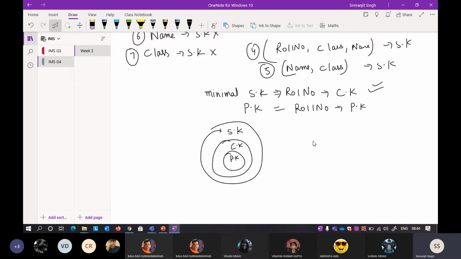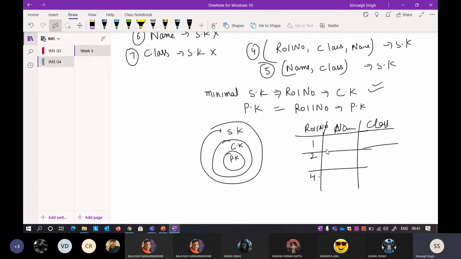Suppose in the table, roll number is 1, 2, and there is nothing written here, then 1, 2, 4, something like this. Now if I just refine the example here: roll number, name and class. Suppose the names written are Ram, Sham, Tom and Sam, something like that.